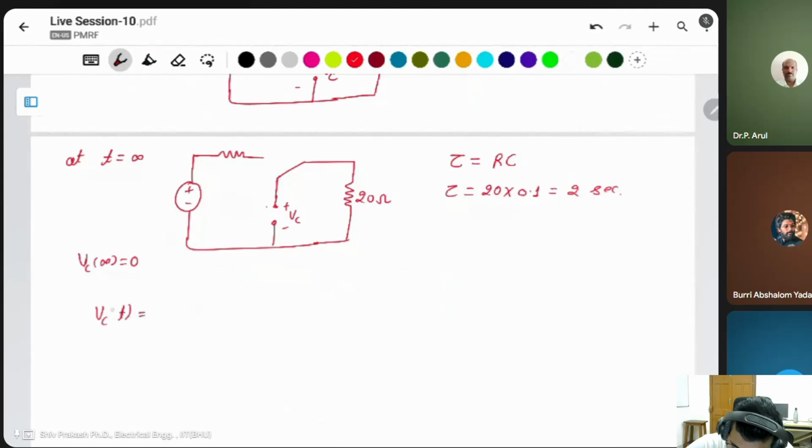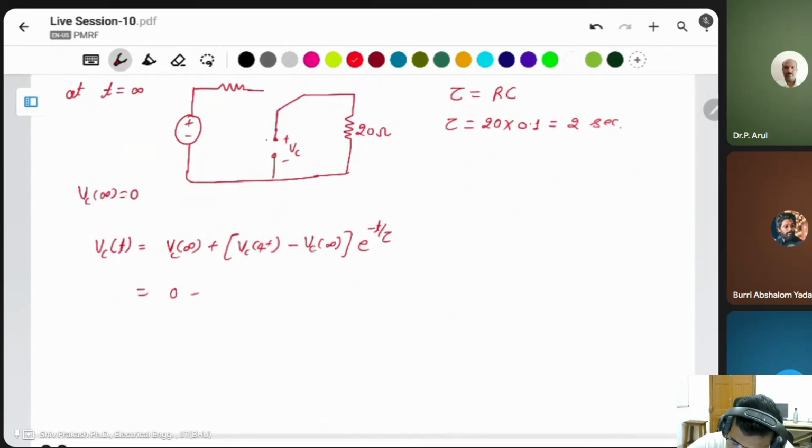You know the formula of the capacitor voltage: VC(t) equals V infinity plus VC initial minus VC at infinity times e to the power minus t by tau. Here the initial is at 4 seconds, not 0 seconds.